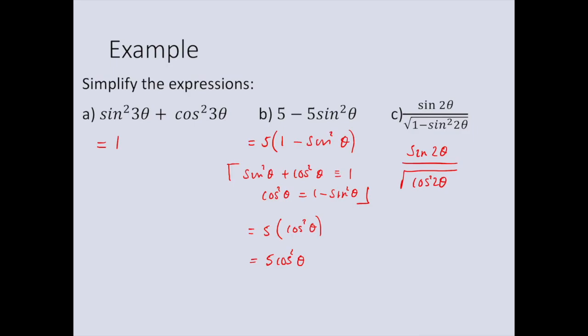Actually, that's 2 theta, isn't it? So then if we square root that, we would get sine 2 theta over cos 2 theta, and sine over cos is tan, so that would be tan 2 theta. There we go.